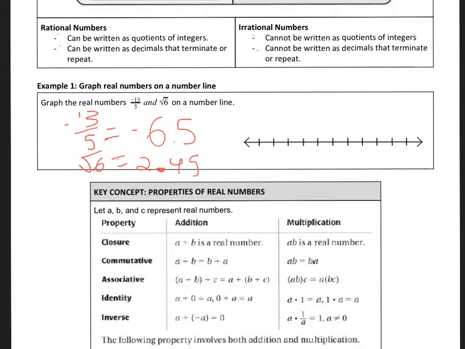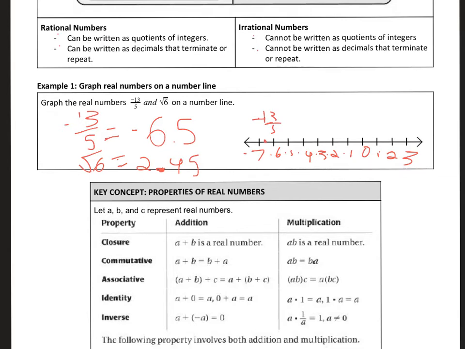So on my number line, I'm just going to number it starting with negative 7, negative 6, negative 5, negative 4, negative 3, negative 2, negative 1, 0, 1, 2, 3. And I will try to make my handwriting better throughout these videos. This is the first one, so I'm kind of rusty. Okay? So if I'm going to graph negative 13 over 5, I'm just going to look between negative 7 and negative 6, and that's where negative 13 over 5 is going to wind up, okay?